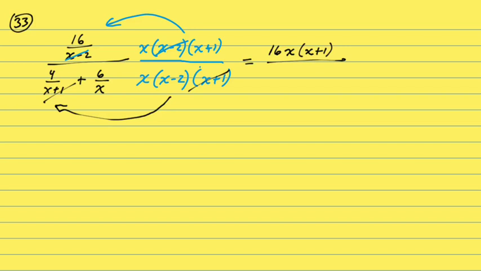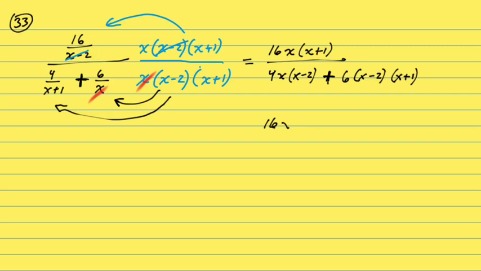And what remains? 4 times x minus 2. When I multiply here, what cancels? The x with the x, right? And what does that leave me? There's a plus in here, so I'm going to put a plus. What does that leave me? 6, x minus 2, x plus 1.